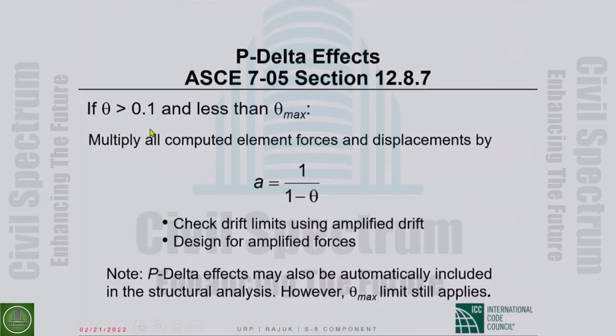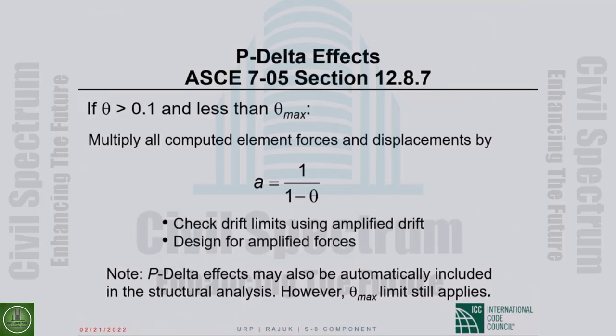When theta is between the two limits, 10% and theta maximum, as given on the previous slide, one simple way of accounting for P delta effects is to multiply all computed element forces and displacements by 1 over 1 minus theta.